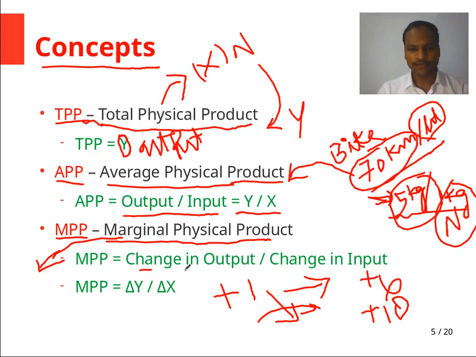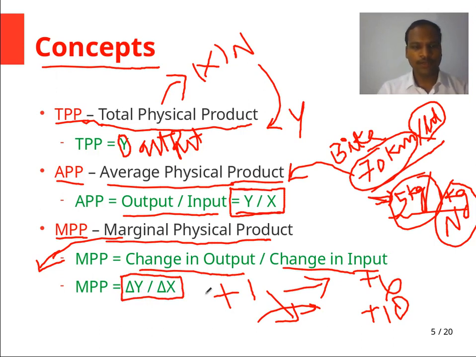So that is denoted by change in output divided by change in input. So change is represented as delta and output is y, then divided by change in input is written as delta x. So the average physical product is calculated by the formula y by x, and the marginal physical product is calculated by delta y by delta x, that is change in y divided by change in x.